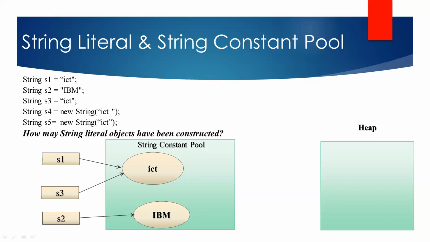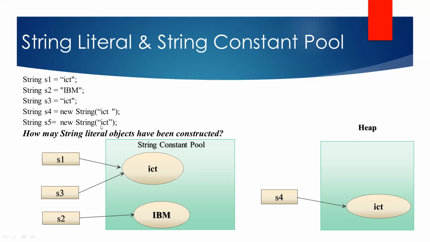S4 is new String ICT, as you can see. With the help of new, the object will be created in the heap, as we know. So this will create the object in the heap memory area. Got it? And again, we are creating the object S5, ICT, with the help of new.